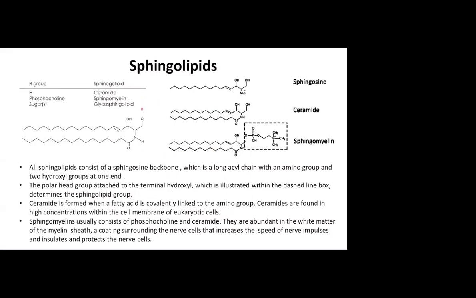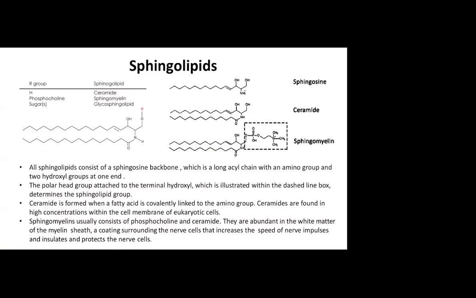So when it comes to sphingolipids, this is going to be the last member of the lipid family that contains fatty acids, okay? The other members of the lipid family that contain fatty acids, including waxes, triglycerides, and phospholipids, understand that sphingolipids are special because they are not connected to glycerol.